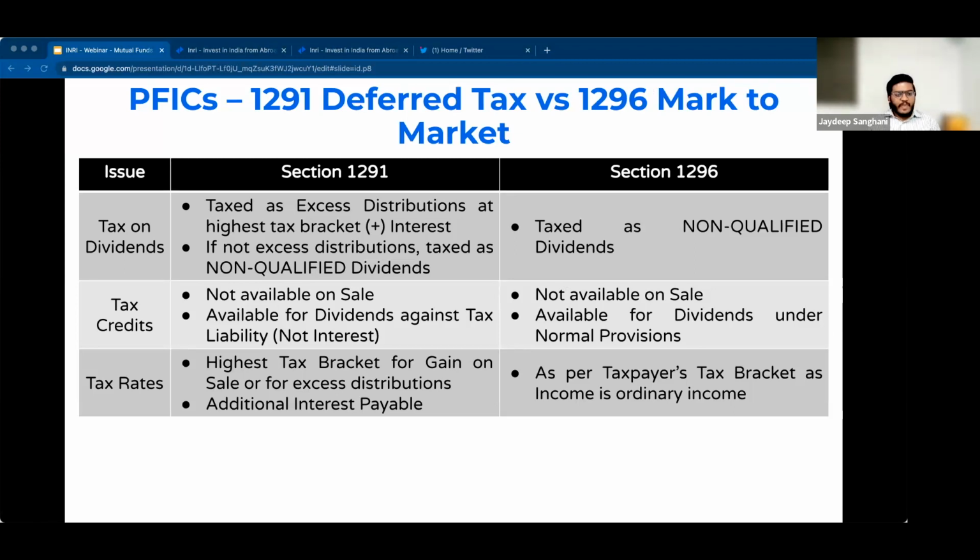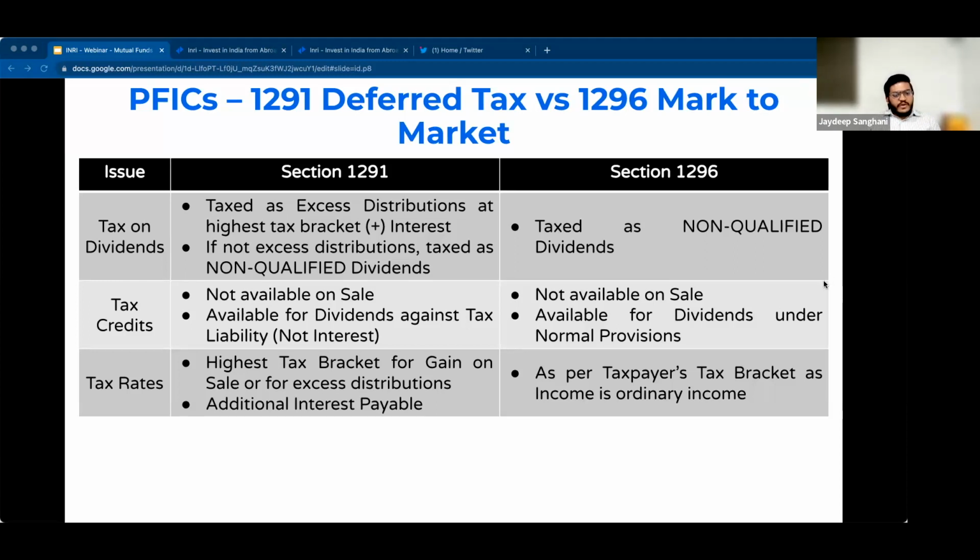What are the tax rates that are applicable? So for 1291, the tax rate is the highest tax bracket. So highest tax bracket for 2022 is 37%. So that will be the tax rate, but you have to allocate the gain to all the years that you held. And there is additional interest payable. For 1296, tax rates are the ordinary tax bracket that you are under.